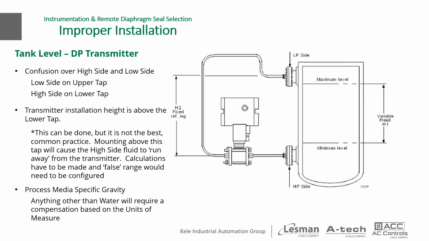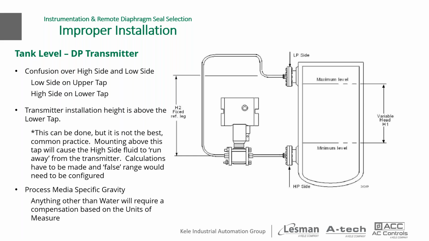Also, sometimes the installation height of the actual transmitter is above the lower tap. This can be done, but it's really not the best or the most common practice. When you mount above this tap, this will cause the high side fill fluid to run away from the transmitter, effectively creating a draft.